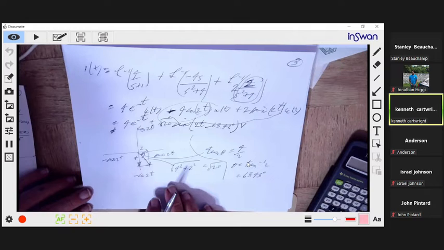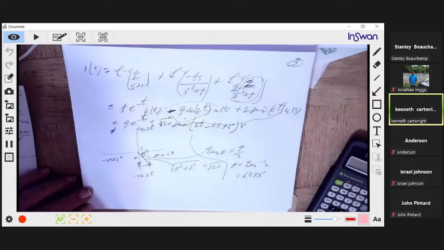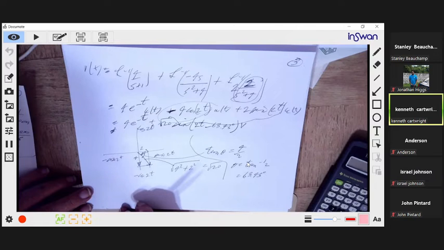Okay. That's the first way I showed you how to do this inverse Laplace. Before I go on, any questions about this?